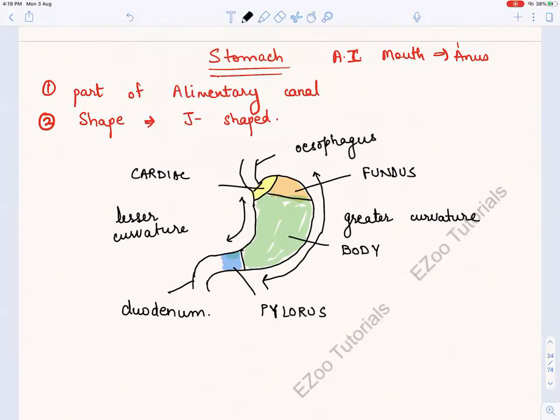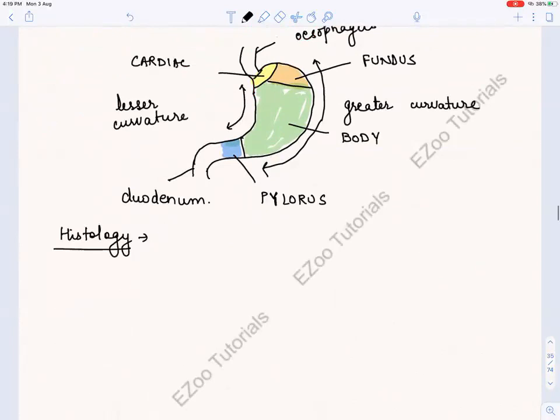And what else? Right now, we are just doing the outside thing so that you can have an idea of what the stomach is all about. This is the basic. When we do the histology of the alimentary canal, we'll do the various muscle layers on it. Since you are doing stomach, I'll tell you a very basic thing, that it has 3 muscular layers.